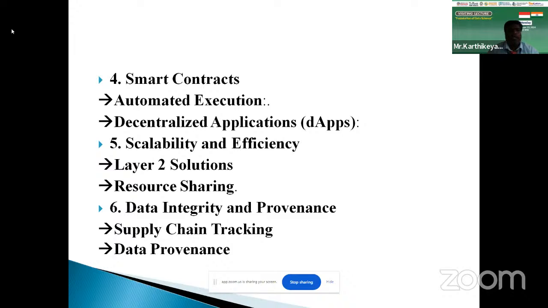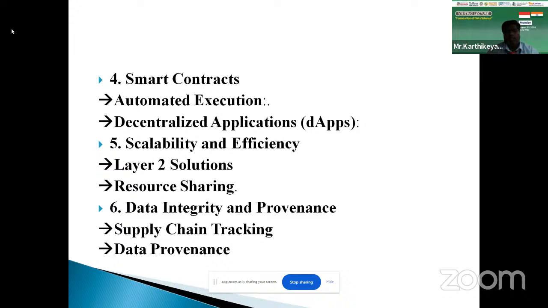The solution handles transactions off the main chain to reduce congestion and improve performance. And next one, resource sharing. With resource sharing, distributed computation can be shared among the peers in a decentralized network, potentially optimizing resource usage and reducing waste.